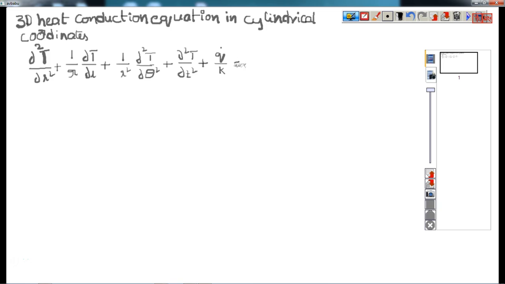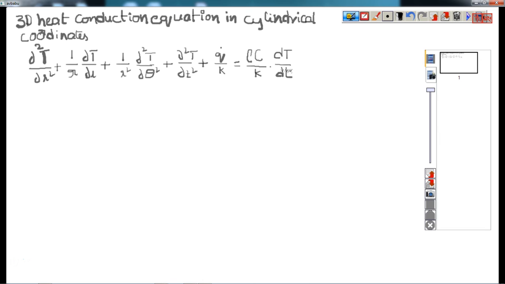Heat generation per unit volume, rate of heat generation per unit volume, and K is thermal conductivity, equals, we have used yesterday, rho C by K into dT by dt.